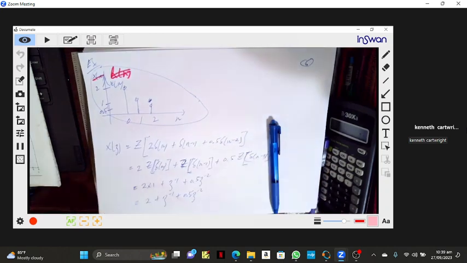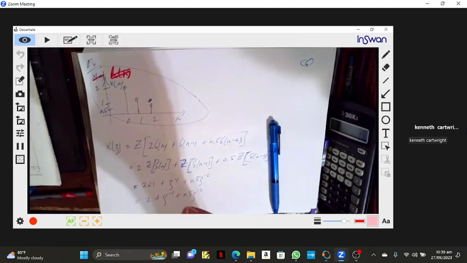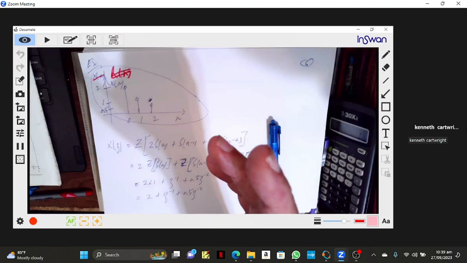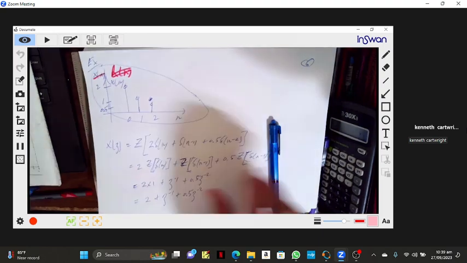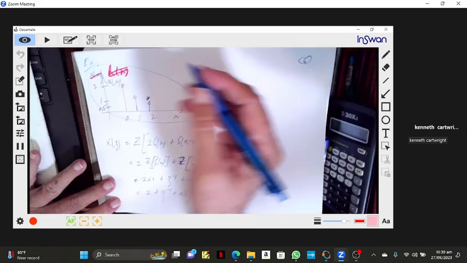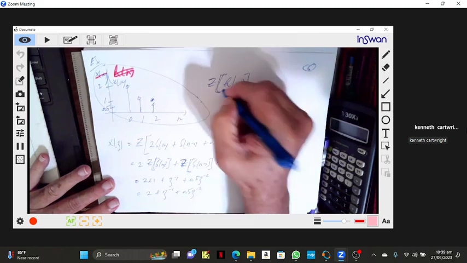And of course, if there's an x of n, there's a y of n. So there's a Z transform for the Y, and there's a Z transform for the H. What's the Z transform for the impulse response called? Let me see if you remember that.